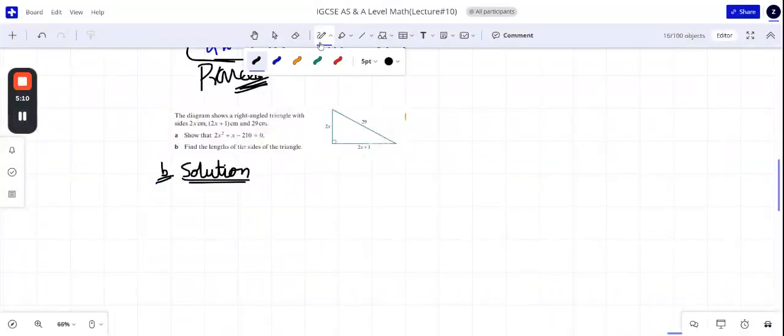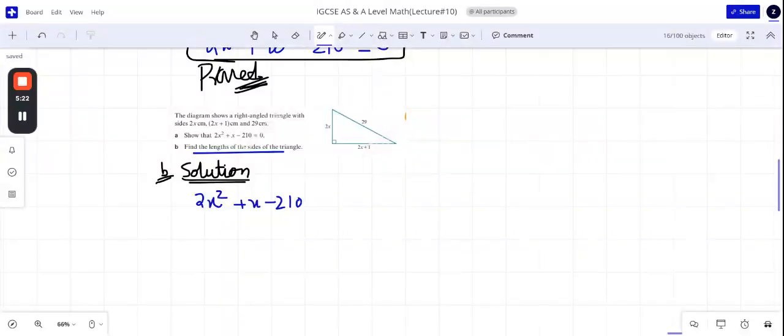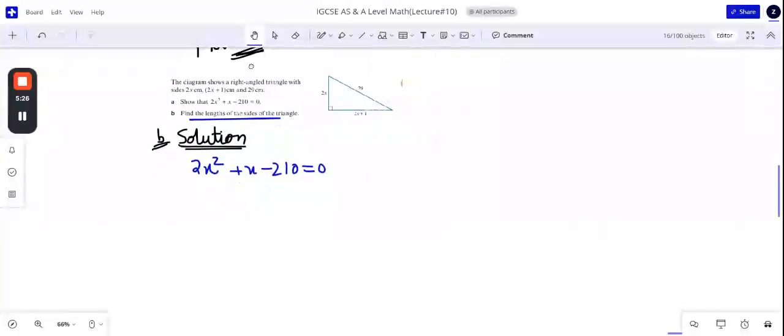Part B is to find the length of the sides of the triangle. We got the equation 2x squared plus x minus 210 equals 0.